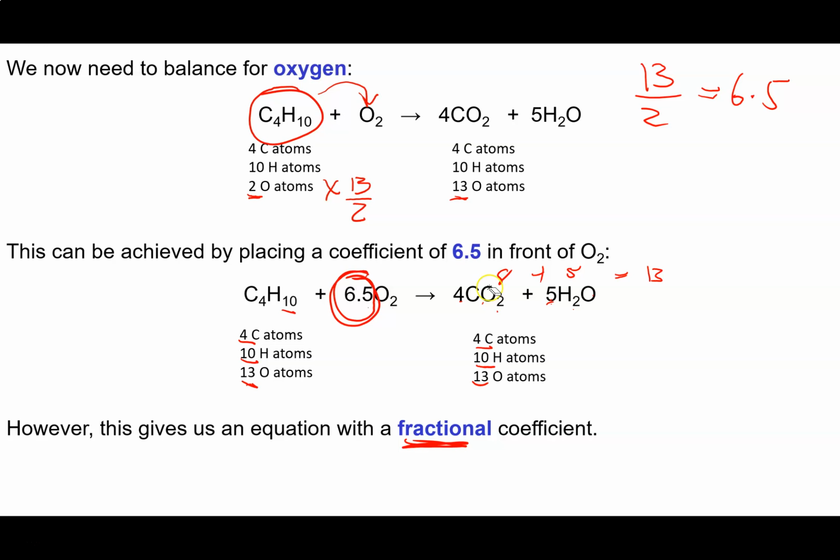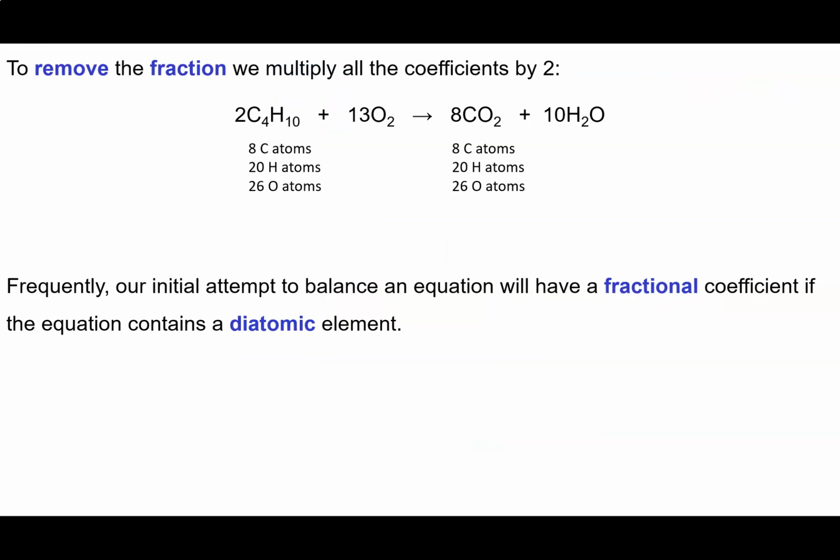So we said previously that our coefficients should be the smallest set of whole numbers. So how am I going to get rid of my half there? What I'm going to do is multiply everything in my balanced equation by 2.